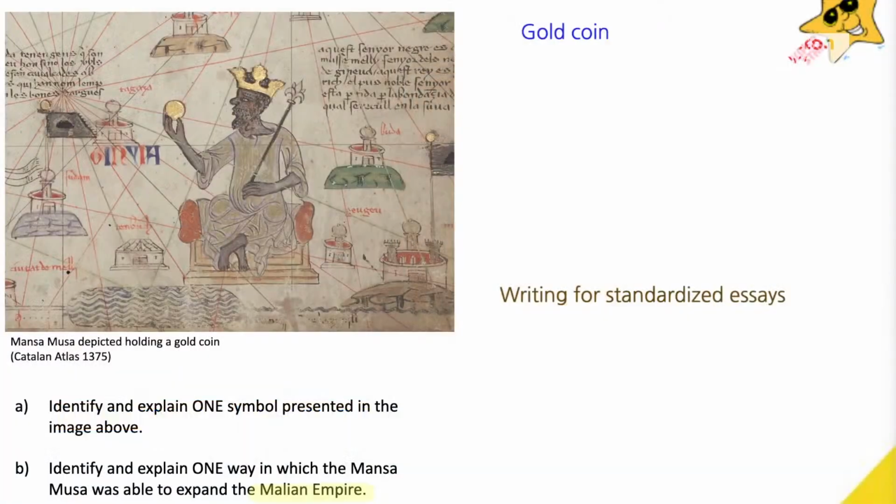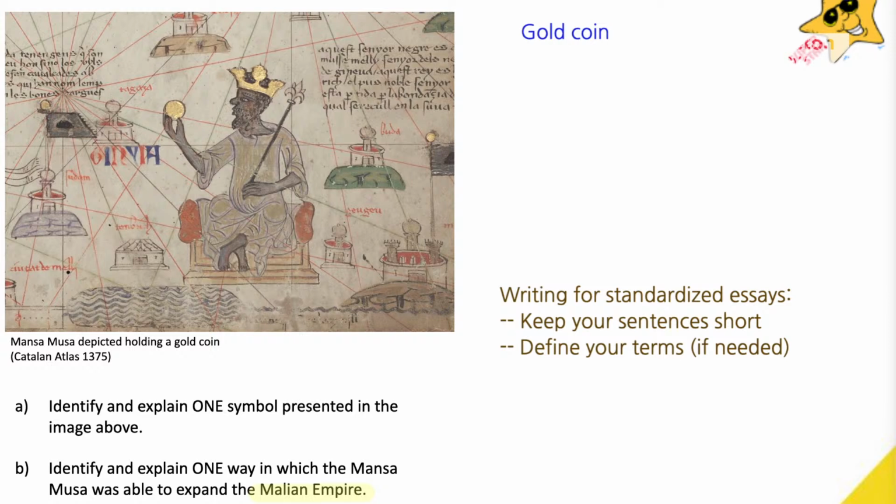Okay, so writing for standardized essays, what you want to do, I said, keep your sentences short, define your terms if needed, and tie back, reference back to the question or stimulus.